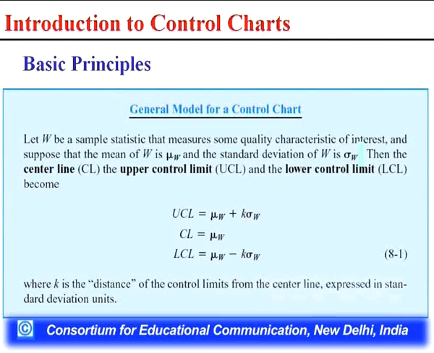UCL will be mu W plus K times sigma W. CL of course will be mu W, and LCL will be mu W minus K times sigma W, where K is the distance of the control limit from the center line expressed in standard deviation units. So, this is the way to calculate the LCL and UCL and mark it on the control chart.